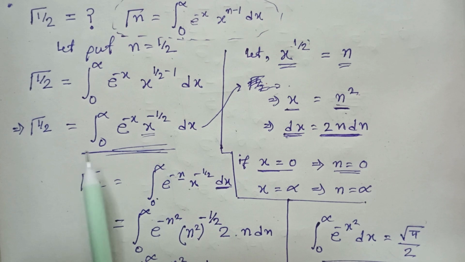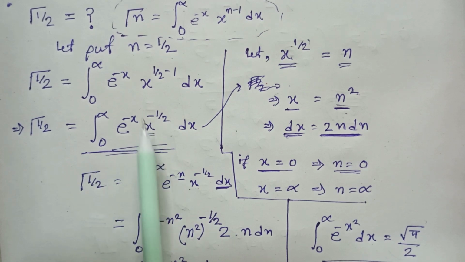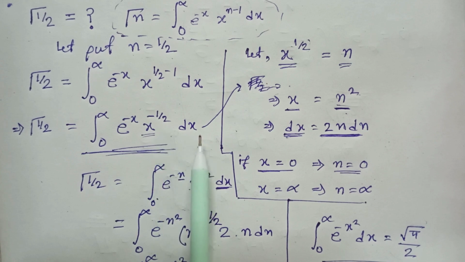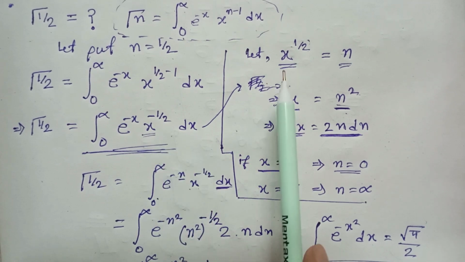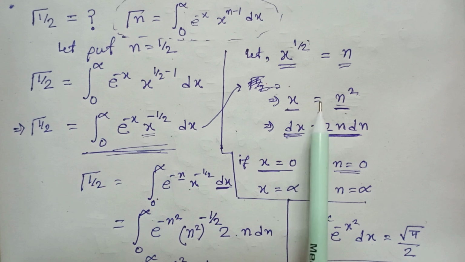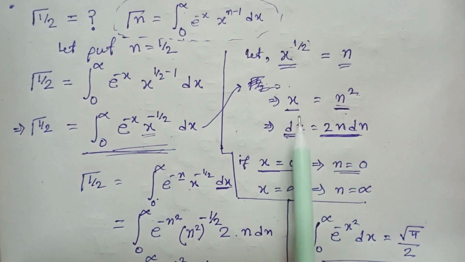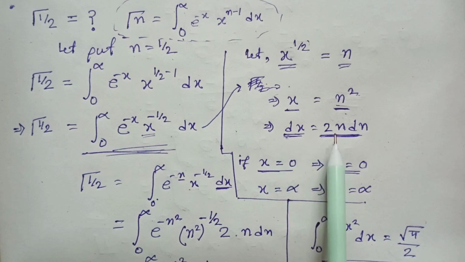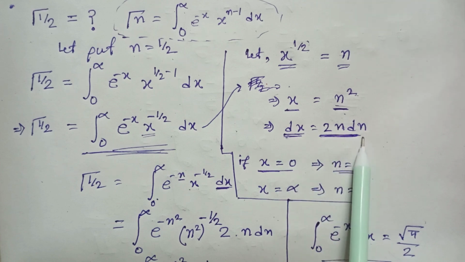After calculating that, we get e to the power minus x into x to the power minus 1 by 2 dx. Then we replace x with n square, and if x equals n square, then dx equals 2 into n into dn.